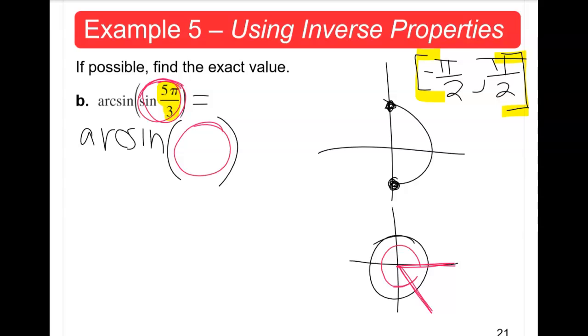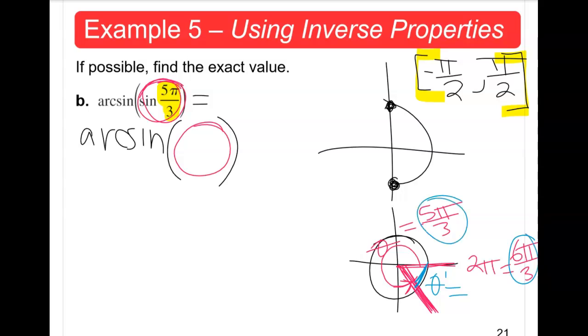I say that because I know that a full rotation of 2π in terms of thirds is actually 6π/3. So if this angle is theta, it ends here. This is the terminal side. If that angle is equal to 5π/3, then the reference angle, the one that gets formed with the x-axis and the terminal side, which we call theta prime, is going to be the difference 6π/3 minus 5π/3.